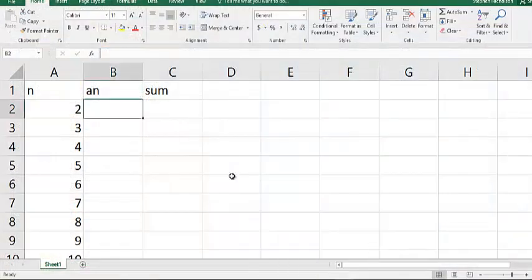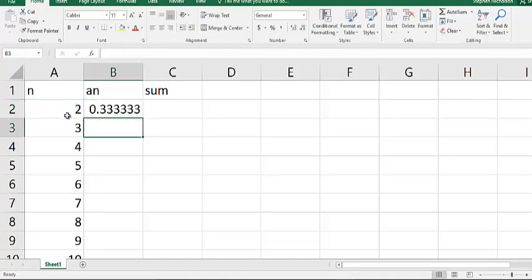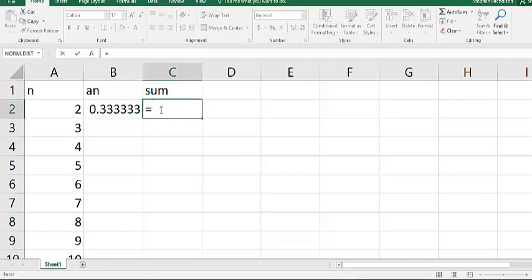Okay. So that's going to be equal to 1 divided by n plus 1, times, we got to divide again, divided by n minus 1. So that's the first term, 0.33. And the sum is initially just going to be the first number.